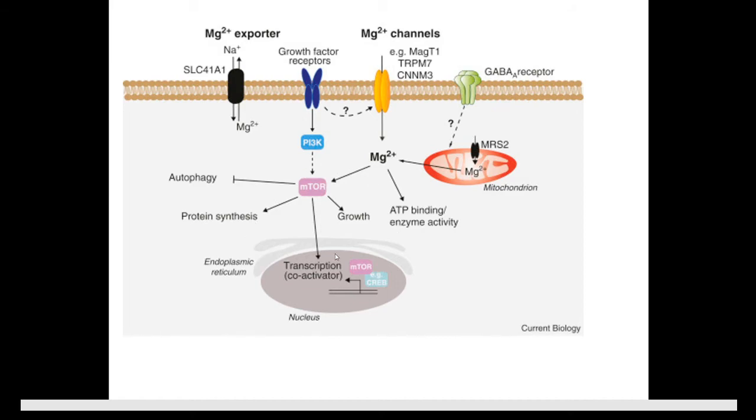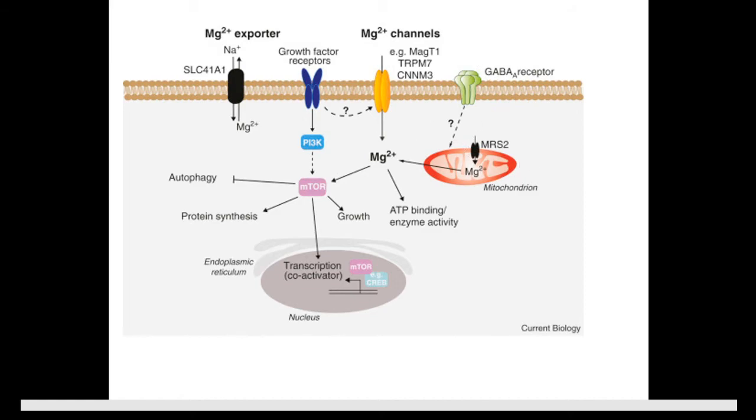Mg2+ signals are responsible for ATP binding and enzyme activity. They are present and activate the mitochondria, and they are also produced from the mitochondrial regions. The mitochondrial activation is responsible for Mg2+ ion production.